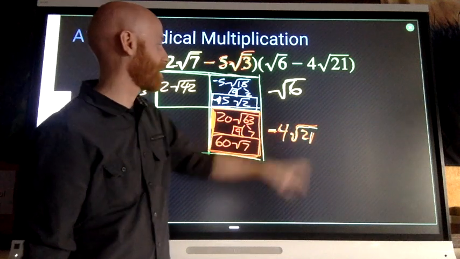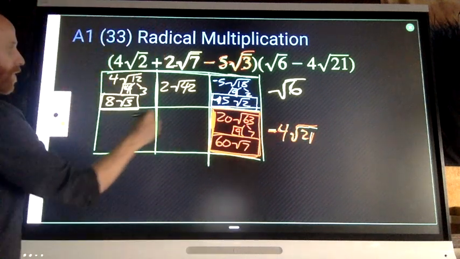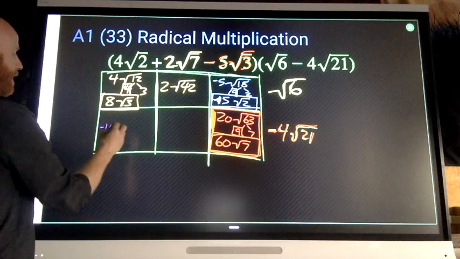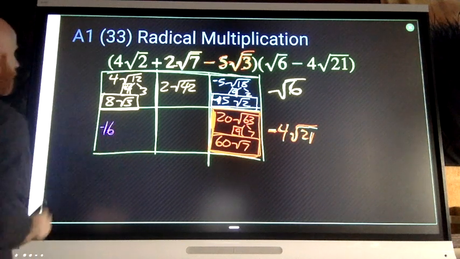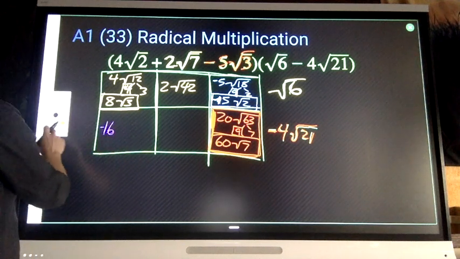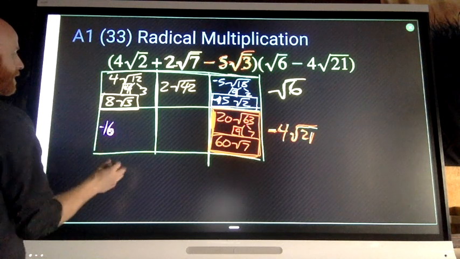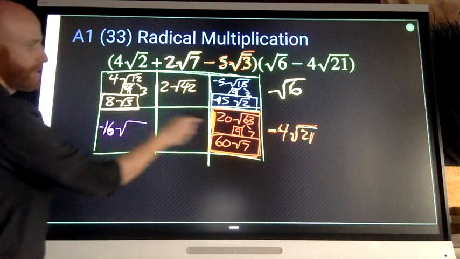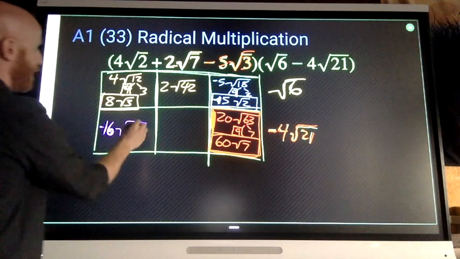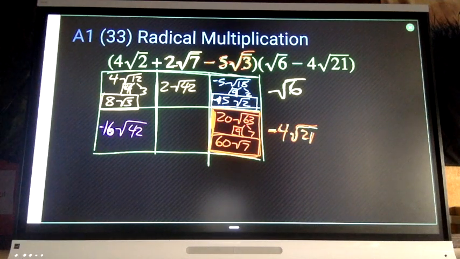Four root 2 times negative 4 root 21 will be negative 16 times the square root of 2 times 21, 42. Again, we can't break that one down.